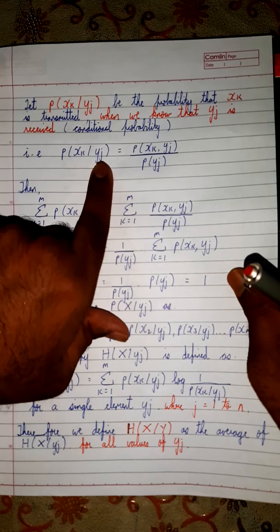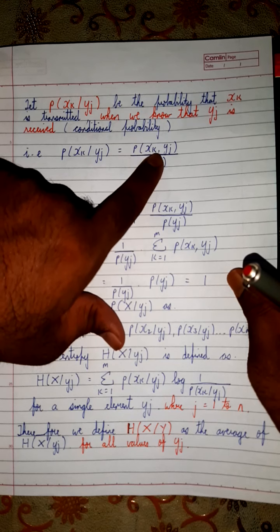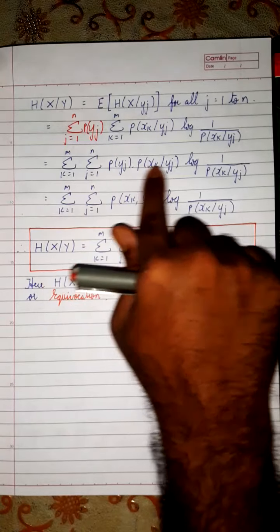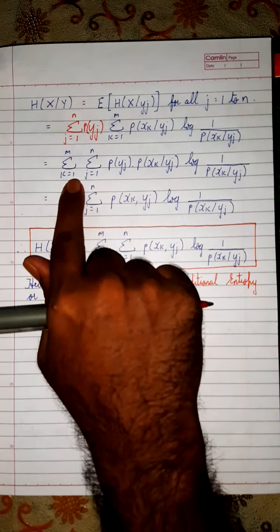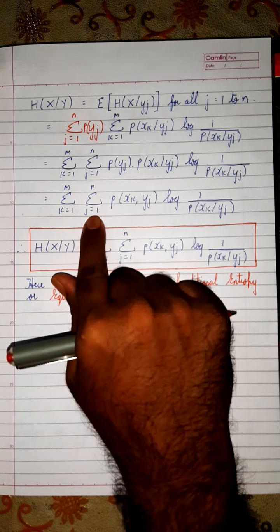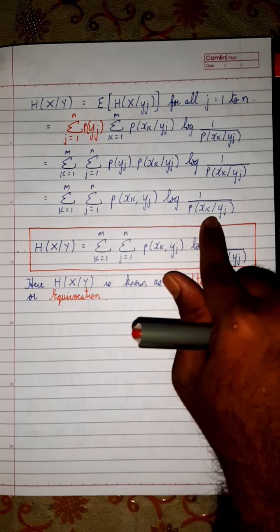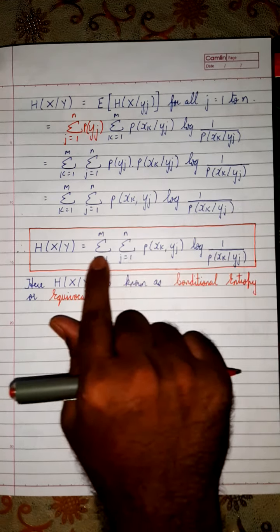According to this equation, p of xk by yj into p of yj is the joint probability p of xk yj. So that means this can be written as p of xk yj. Which means we will get sigma k is equal to 1 to m, sigma j is equal to 1 to n, p of xk yj log of 1 by p of xk by yj.